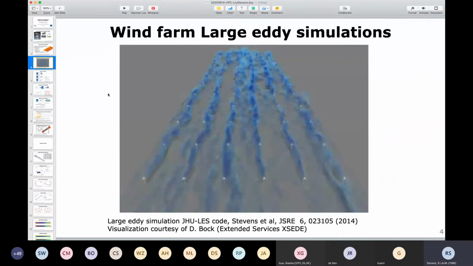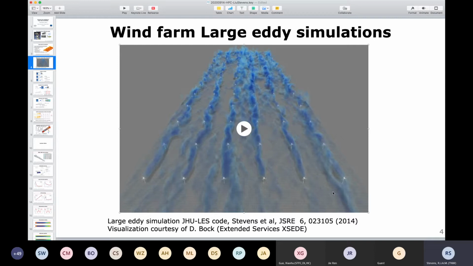In some other work, we're doing big wind farm simulations. I'm showing here a visualization of one of these large wind farm simulations. Instead of using an actuator line model over here, there's an actuator disk model for the turbine, since on these large scales it's very challenging to do actual actuator line modeling. What we see over here is flow coming in from below. The blue regions indicate low wind speed regions, showing the wind turbine wakes that are formed behind each turbine.